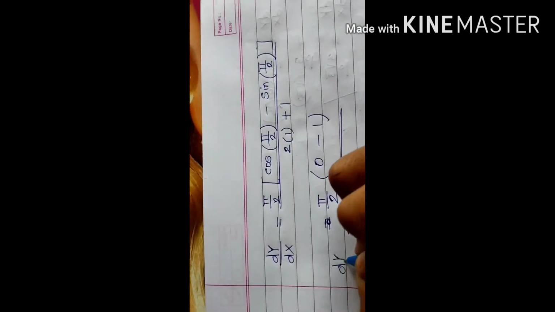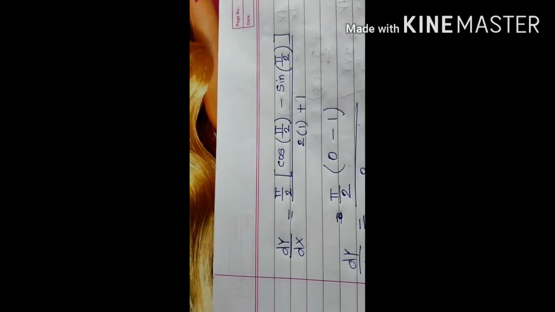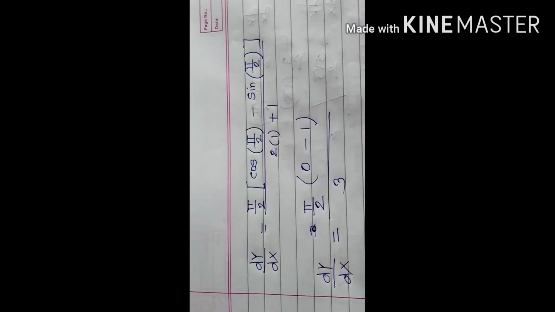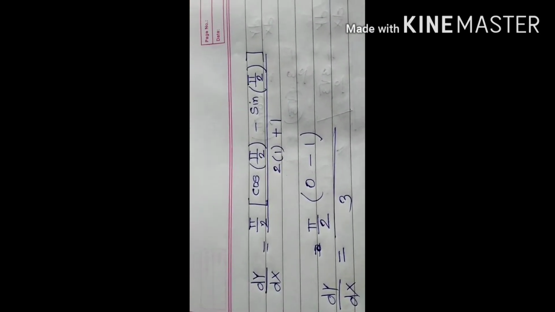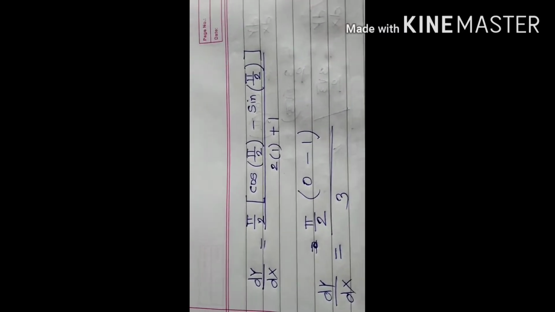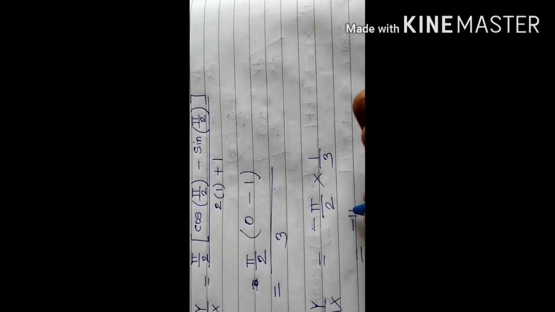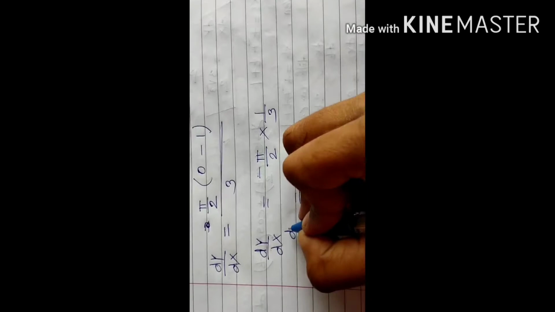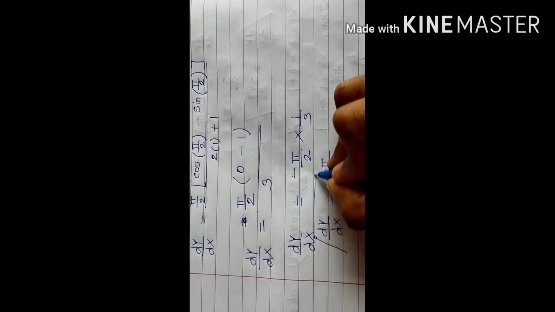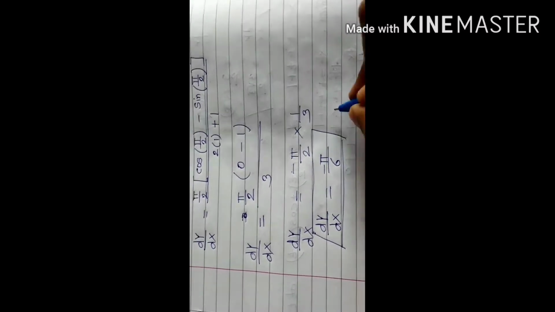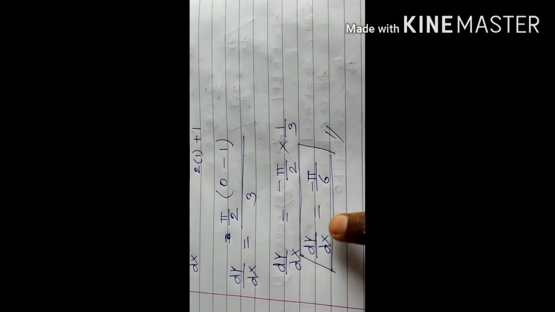So dy upon dx is equal to this, and our final answer is dy upon dx is equal to minus pi by 2 into this 1 upon 3. So the final answer is minus pi upon 6. So the answer is dy upon dx is equal to minus pi by 6.